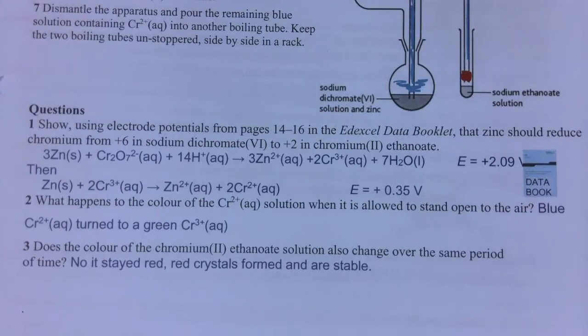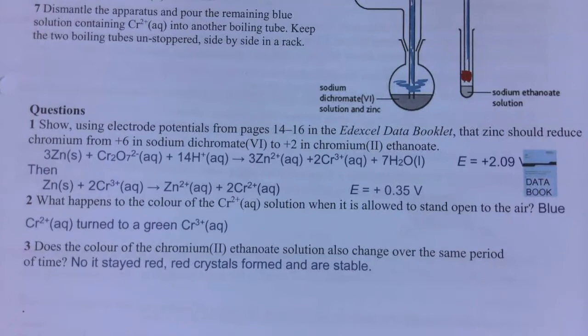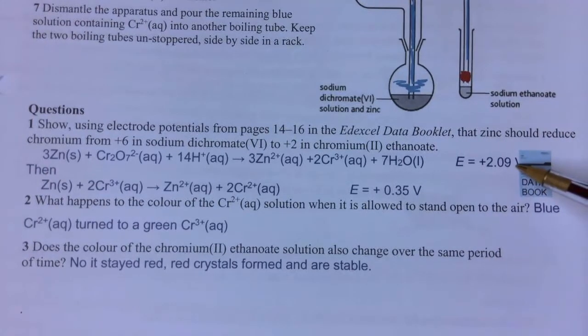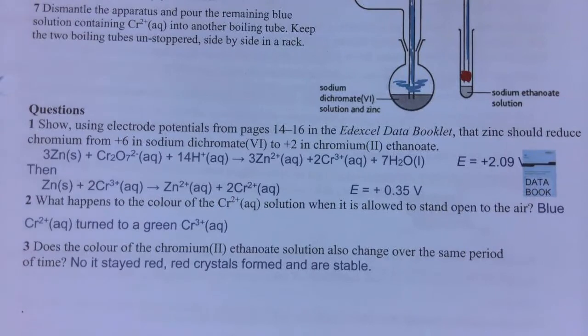And when we combine the equations, we're using zinc as our reducing agent because it's very easily oxidised. And when we combine the two half equations, we get positive E cell values for both the first and the second reaction. So the zinc should be able to reduce the dichromate from the +6 oxidation state, first of all to the +3, and then from the +3 to the +2.